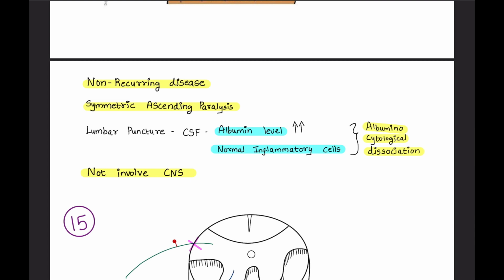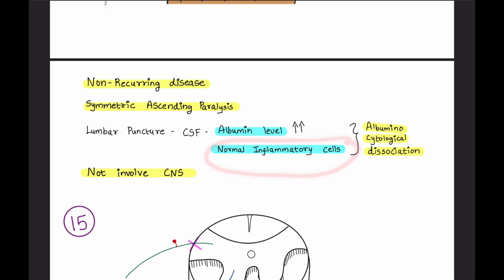Please note that if there is an infection to the central nervous system, that is to the meninges of your brain or any part of your brain, there will be increased high level of albumin proteins, and also there will be increased inflammatory cells.